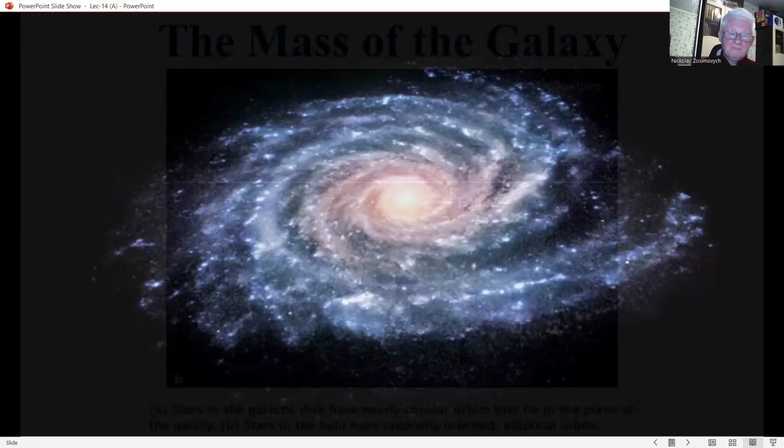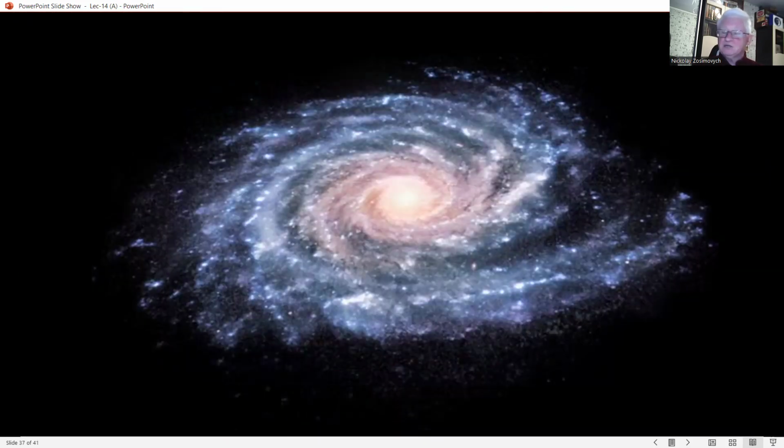In the disk, the stars follow concentric, circular orbits, and those motions can reveal the mass of the galaxy. The Sun is a disk star and follows a nearly circular orbit around the galaxy that never carries it out of the disk.